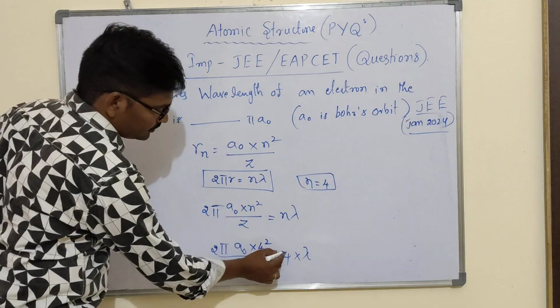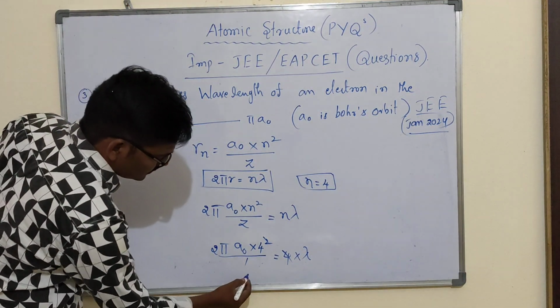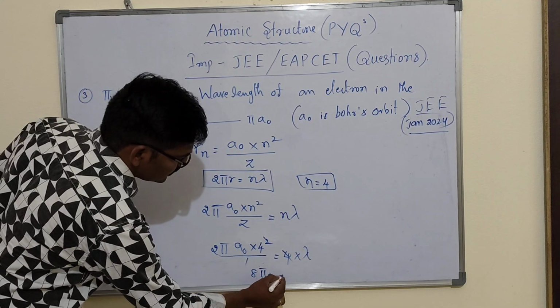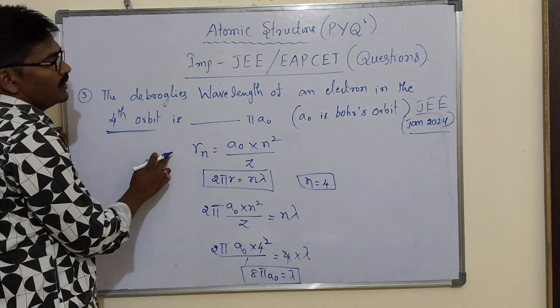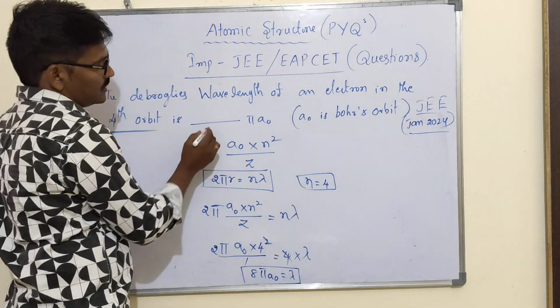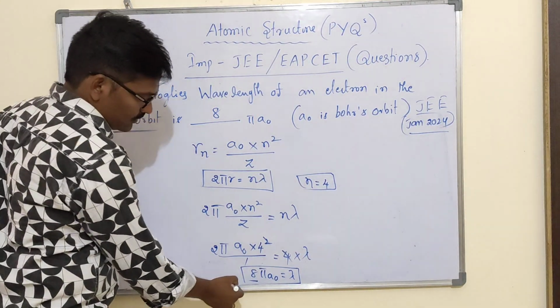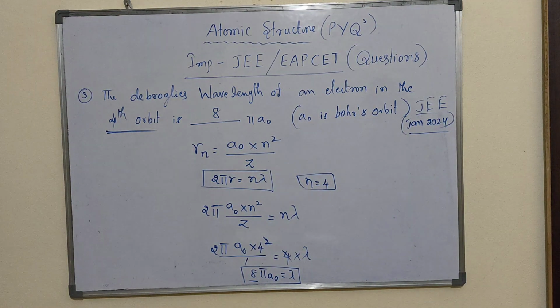Now 4, then 4 cancel, then 4 into 2, 8 pi a0 equals lambda. So 8 pi a0 is the answer for this. Thank you. So note it. Next question we'll discuss.